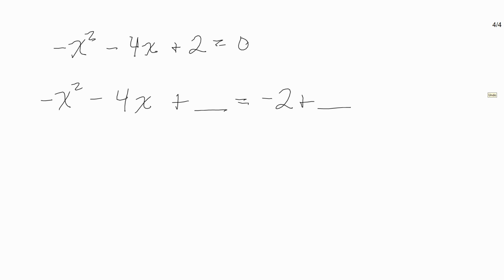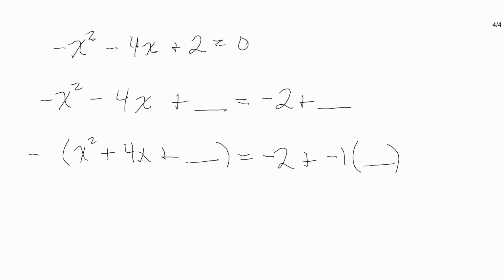Factor out the negative, and you get x squared plus 4x plus blank is equal to negative 2 plus negative 1 times blank. Now, I'm going to take the highlighter and put a highlight there and here.